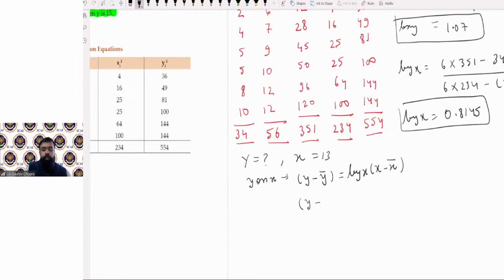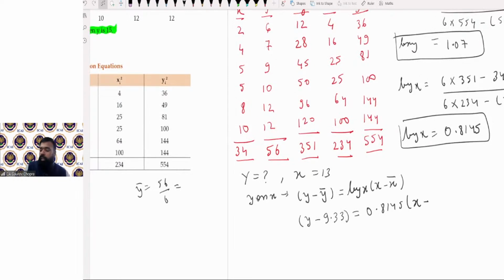So y minus, what is the value of y bar? Y bar is 56 upon 6, sigma y upon n. How much is y bar? 9.33, is equal to byx, 0.8145 multiplied by x minus x bar.